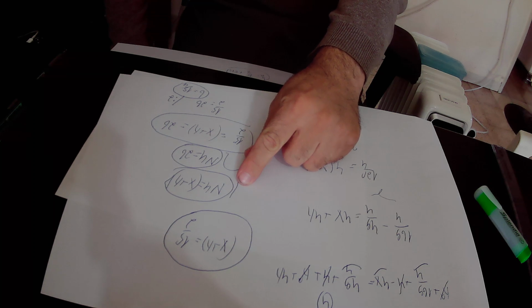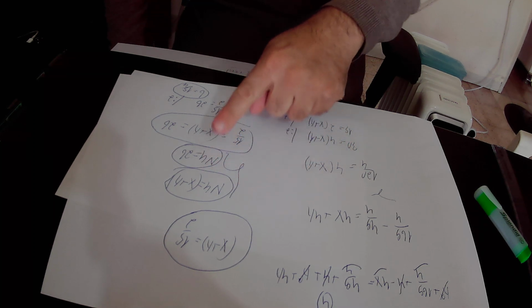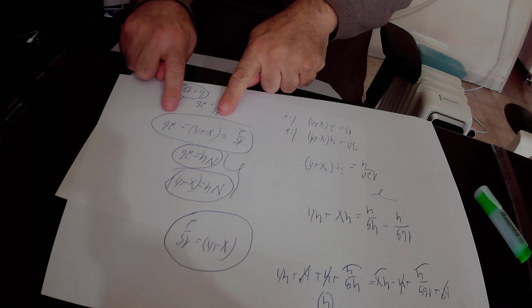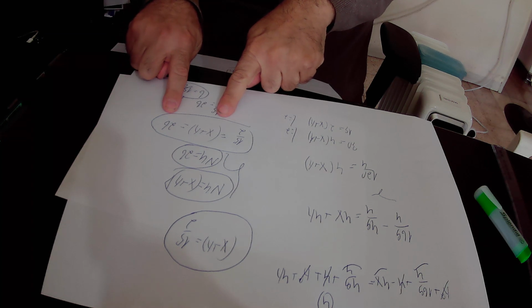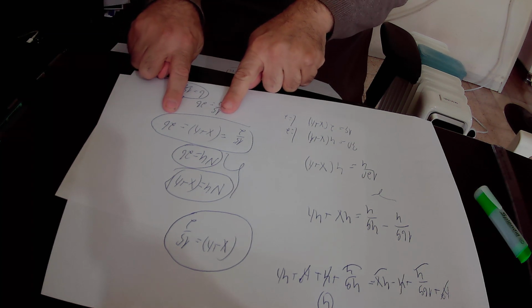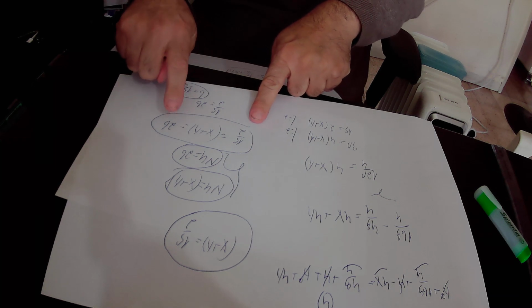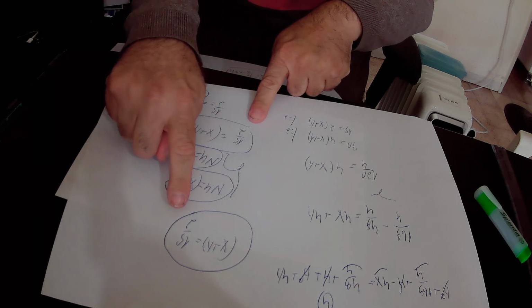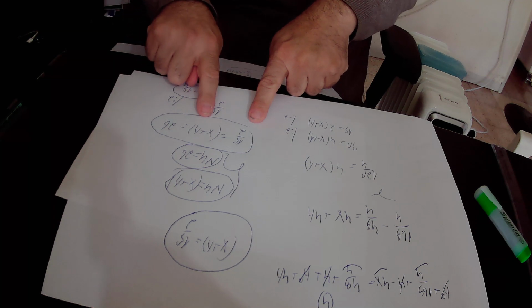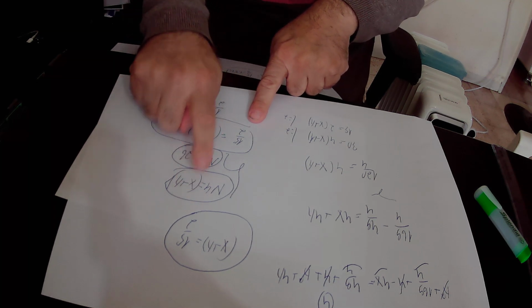From those two equations, we derive that x plus h equals 2b. But x plus h also equals 15 over 2.